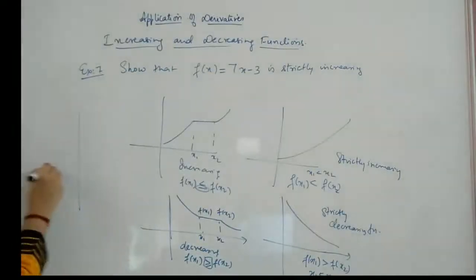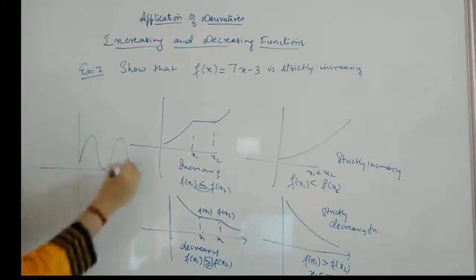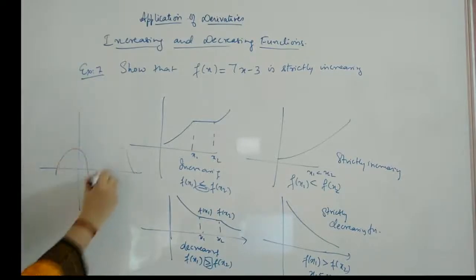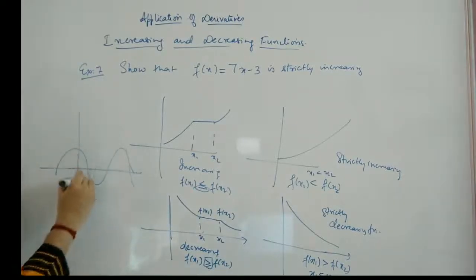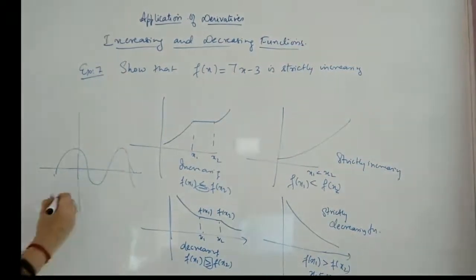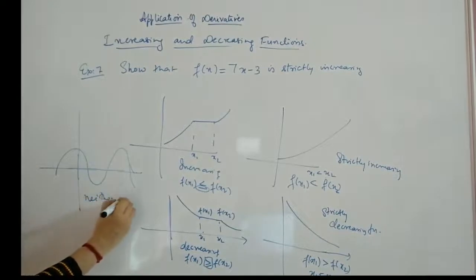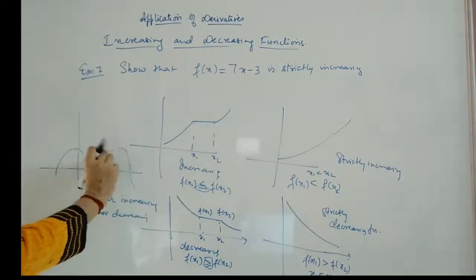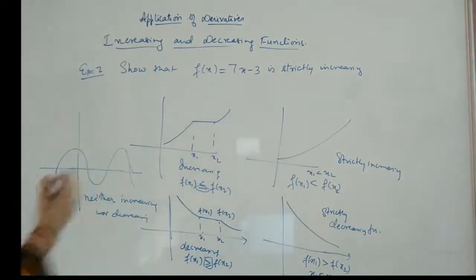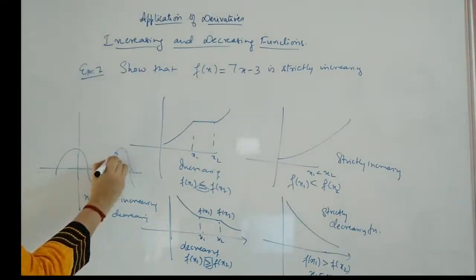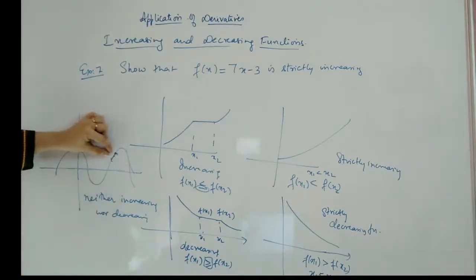Now, one more case is there, if the function is going like, no idea how it is going. Either you can draw like this, or sometimes it is increasing, sometimes it is decreasing. So you will say that the function is neither increasing nor decreasing, unless and until you are provided with a point and you have to check. At that point, I can just take one point here. At this point I can say that it is going upward, so it is increasing at this point.